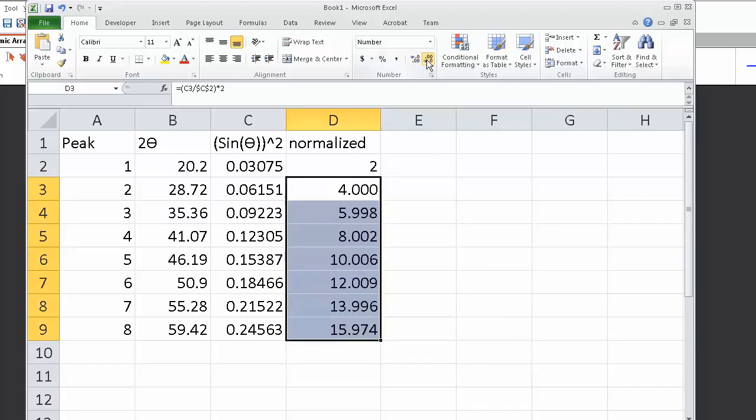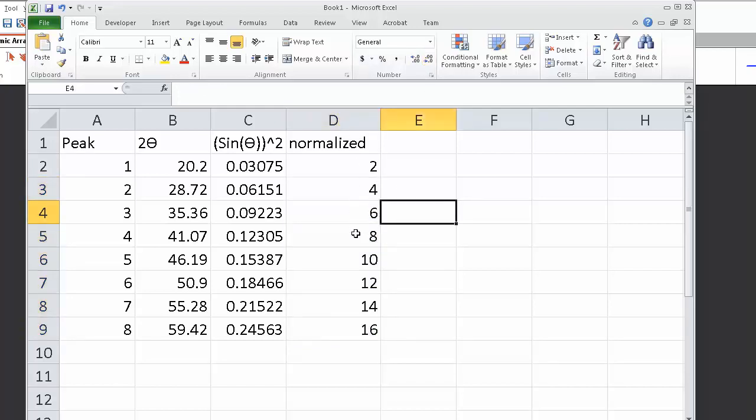There we go. 2, 4, 6, 8, 10, 12, 14, 16. This is the sequence that we would expect for body-centered cubic.